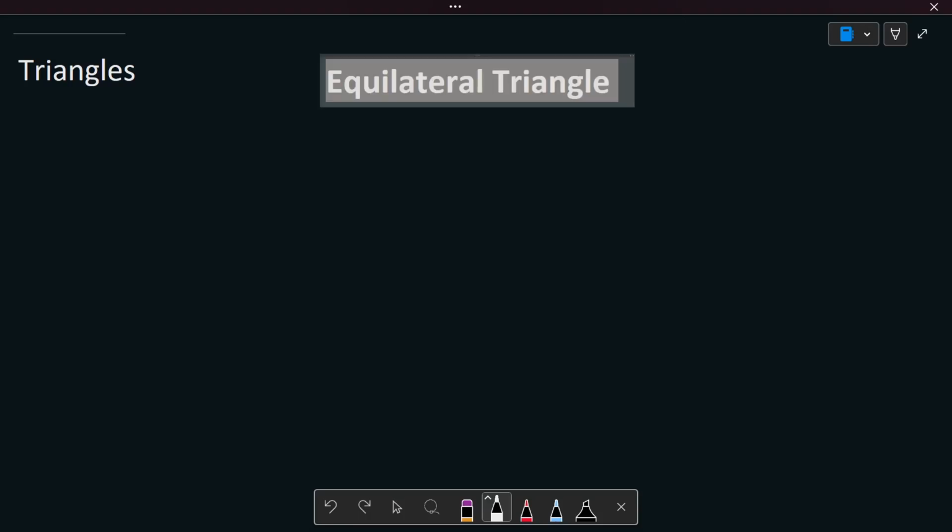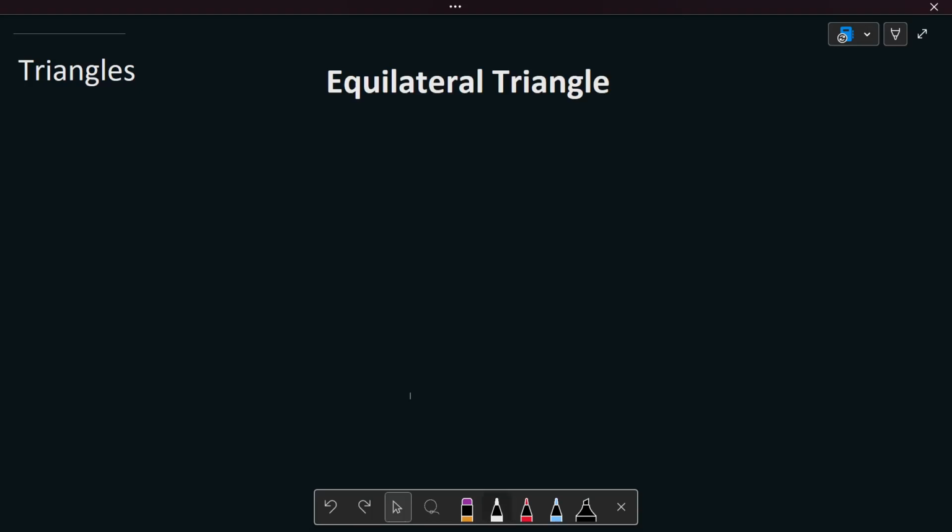With the equilateral triangle, we have the following. As the name says, we have the word equal, though it's not exactly spelled equal. But an equilateral triangle means, and you must just remember these properties, these are the properties of the triangles.